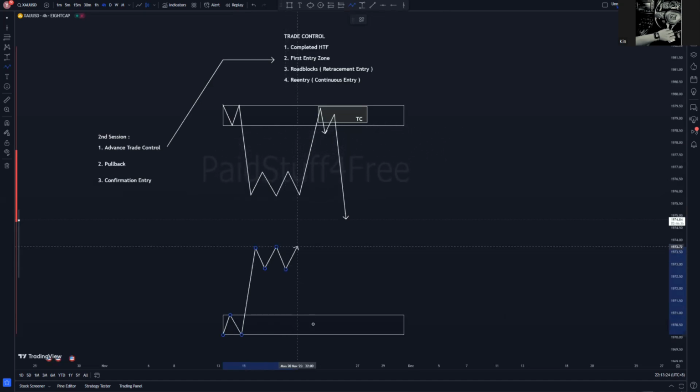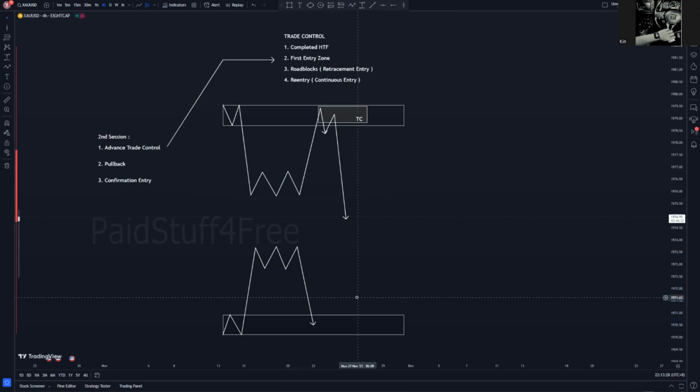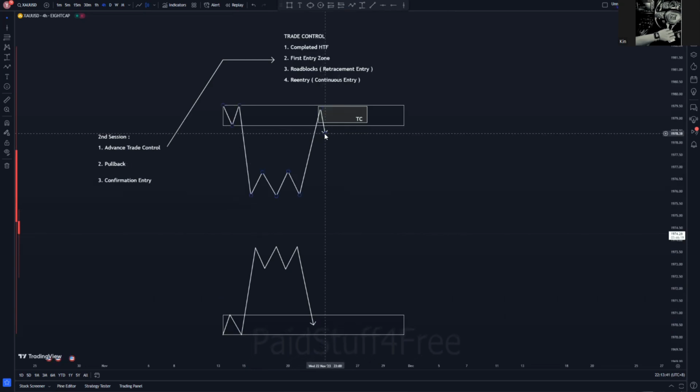Now we're going to answer the question of how the trade control is created at the current market price. Because sometimes the price just creates the trade control and then leaves off like this. Boom. That's what I say. This drawing is going to be the main line of our system.